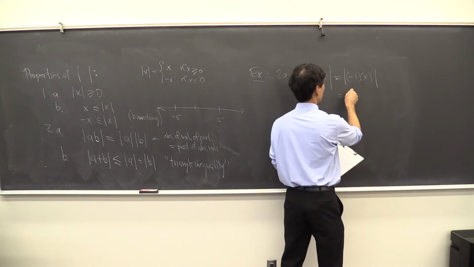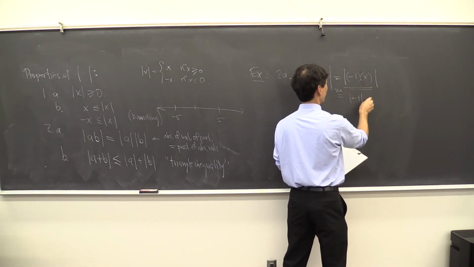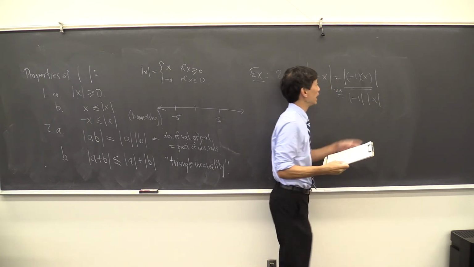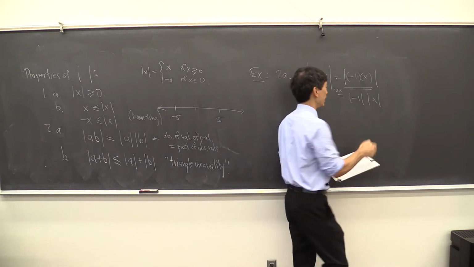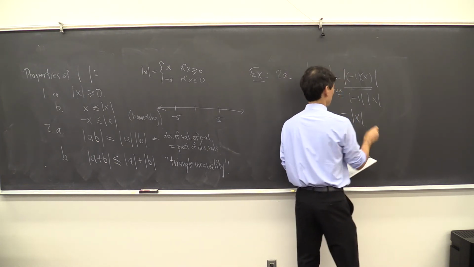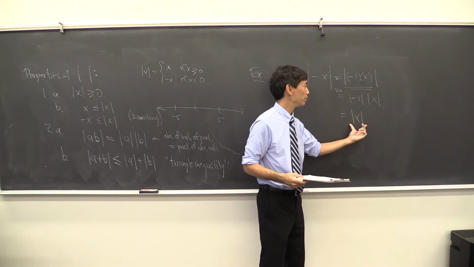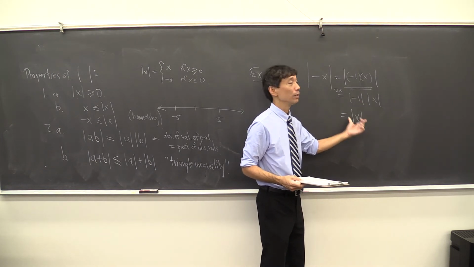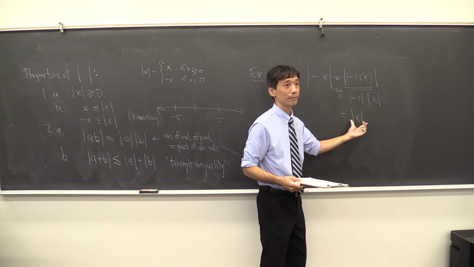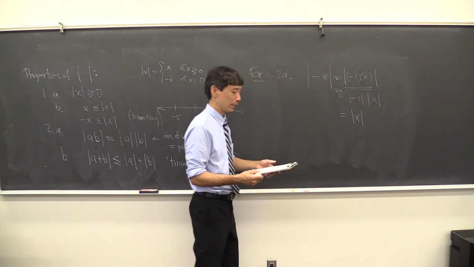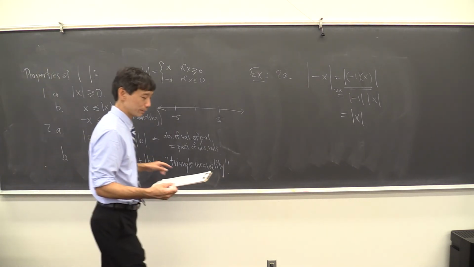So by using 2a I see that's the absolute value of -1 times the absolute value of x. And the absolute value of the product is the product of the absolute values, right? And so I get, the absolute value of -1 is 1, and so I get the absolute value of x here. So the absolute value of negative x and the absolute value of x are the same thing, right? As you knew already, but it follows from this property.